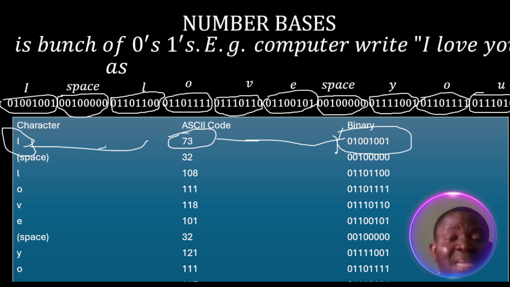If you are working in base 2, you can have from 0 to 1. If you are working in base 3, you can have 0 to 2. If you are working in base 4, you can have 0 to 3. That is, all digits cannot be up to that scale. If they are up to that scale, you have to remove the scale from the answer. The remaining is what you are going to write.